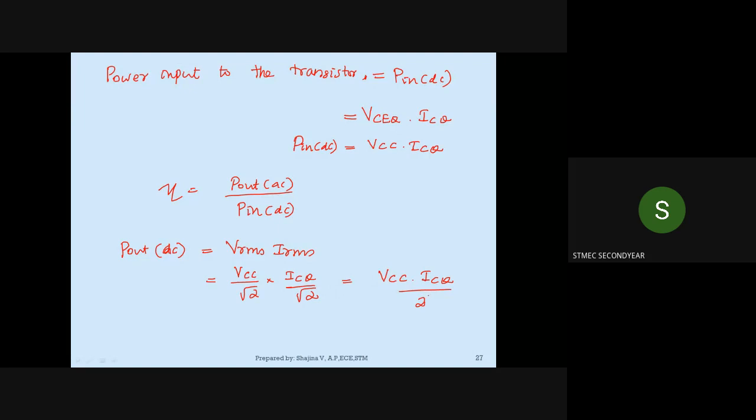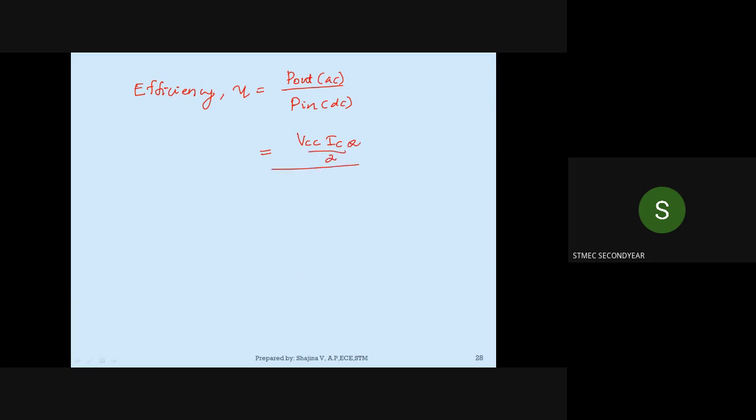Okay. Now coming to the efficiency. Efficiency is equal to AC output power divided by DC input power, right? The AC output power we have obtained is VCC into ICQ divided by 2, all divided by DC input power, which is VCC into ICQ.